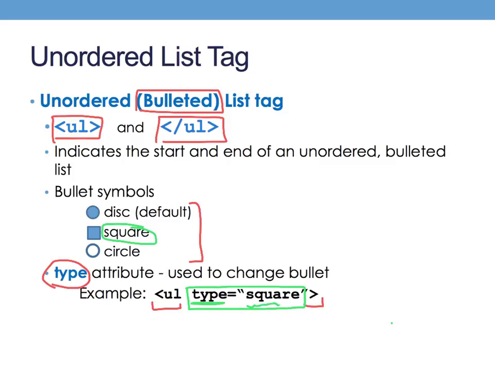And what this will do is it will ensure that our unordered list has a square. And if you wanted it to have a circle or a disk, you would simply replace this word square with circle or disk, and it would update the type of bullet you are using within your unordered list.